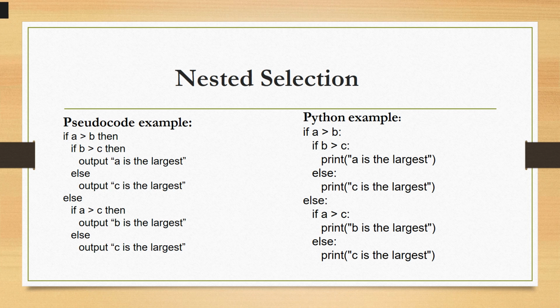Then we will execute the else part, and inside it, if A is greater than C, we will execute this statement, otherwise we will execute the else part. So this is the concept of nested selection. If the outer condition is false, we will not go inside the if condition.